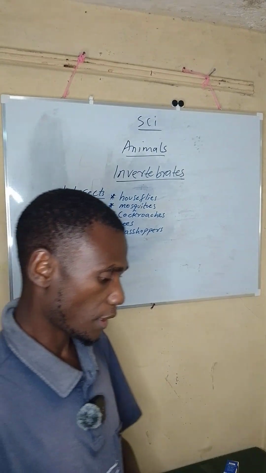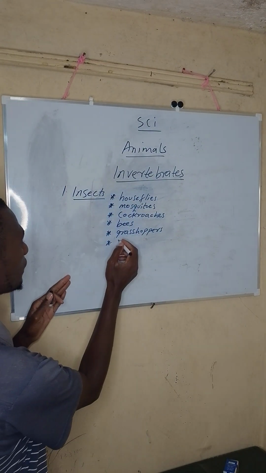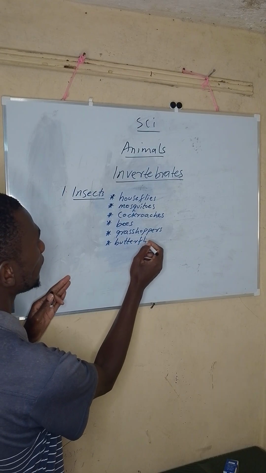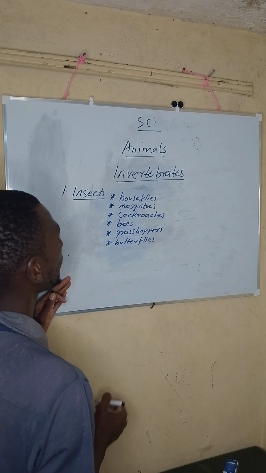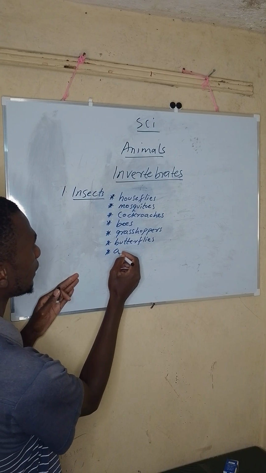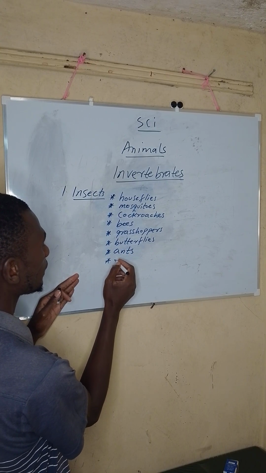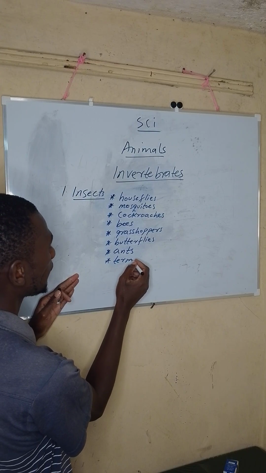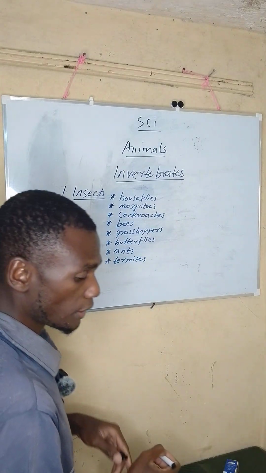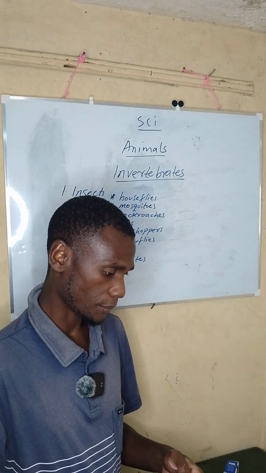We have butterflies. We have ants. We have termites. These are very common animals that we always interact with.